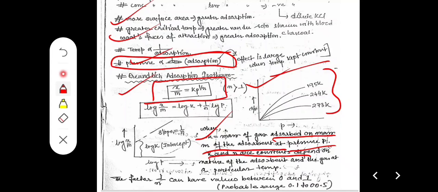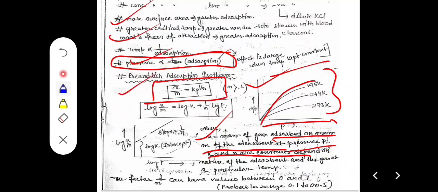That is like an example. By varying temperature, we get this type of curves. So when pressure increases, x by m definitely increases.